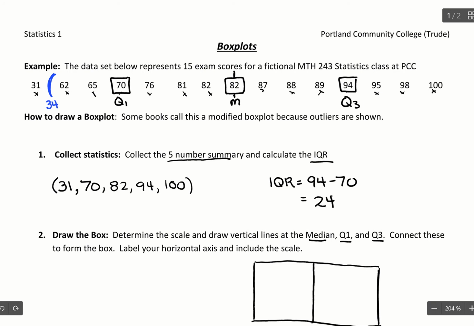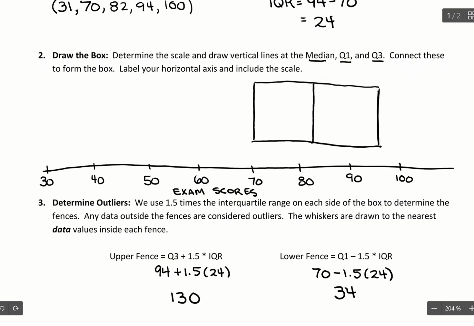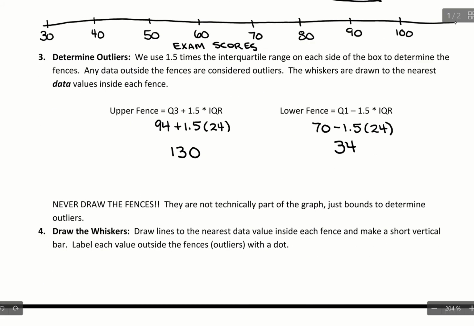And that maximum of 130 is actually past our maximum value of 100. So with 130 being past 100, we're not going to see anything extreme on that right-hand side. We're all good there. What we can see is the special value of 31 is causing some issues. So with the fences, that tells us that 31 is an outlier.